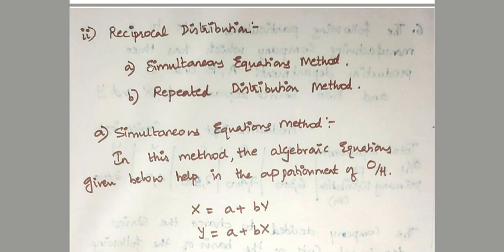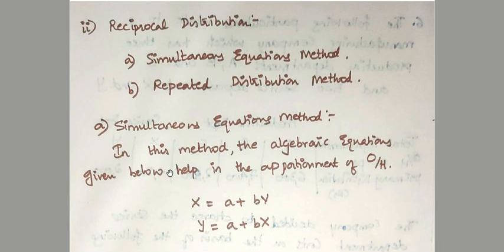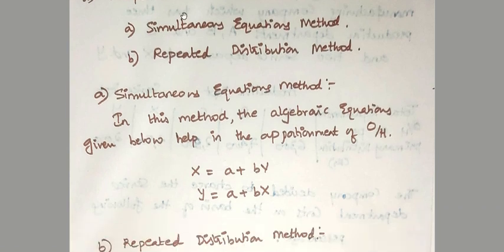Under reciprocal distribution, there are two methods, which are the simultaneous equation method and the repeated distribution method. Under the simultaneous equation method, the algebraic equations given below will be helpful in apportioning the overheads.